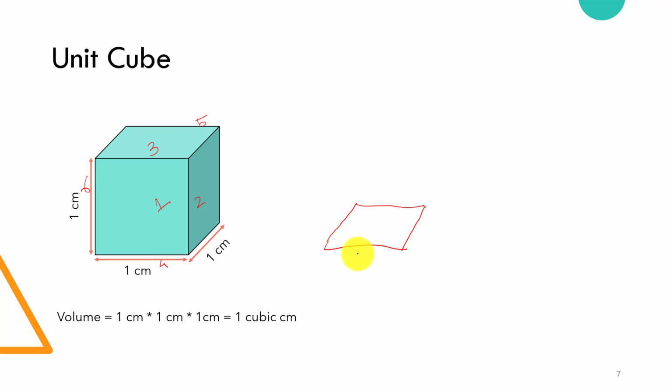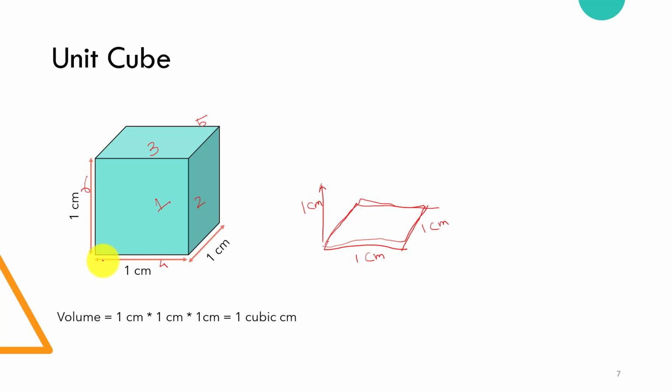This is 1 centimeter, and this is also 1 centimeter. Now we can think of this as a square, and we can think of a lot of squares on top of each other, something like this. It goes on till we reach 1 centimeter of height.